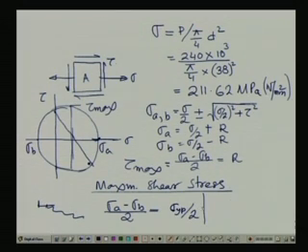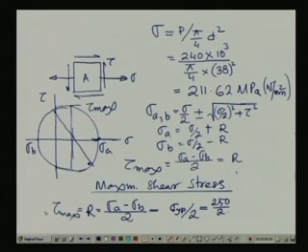That value, as per the present problem, is 250 by 2. So R equals sigma by 2, or to be more precise, this is the tau max value.